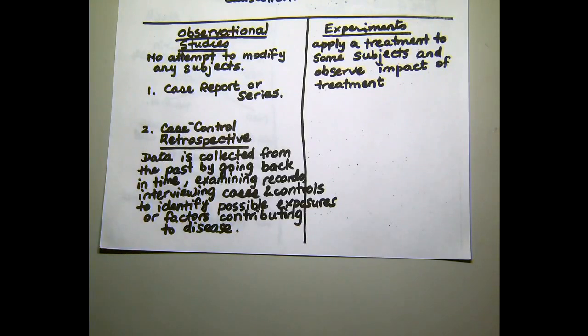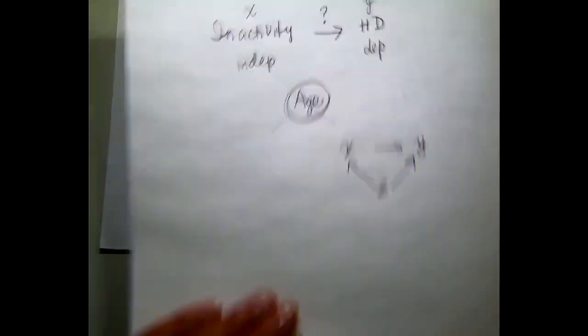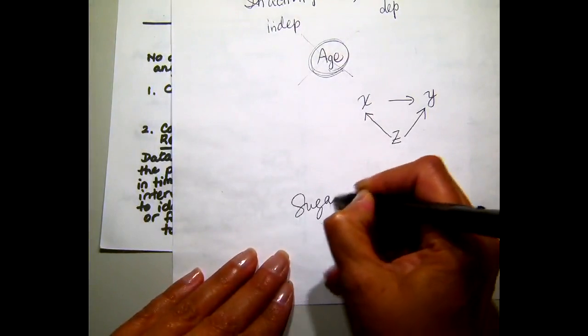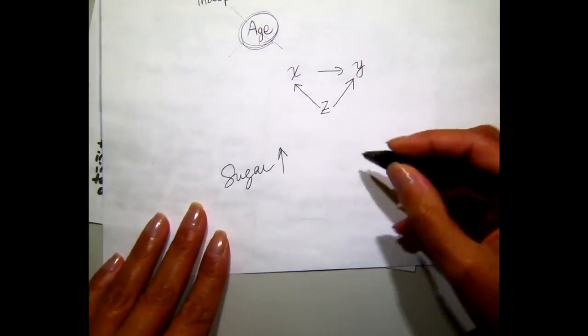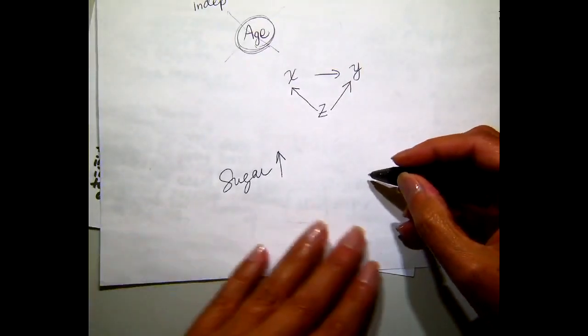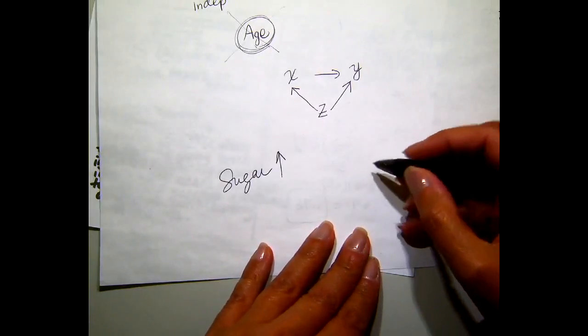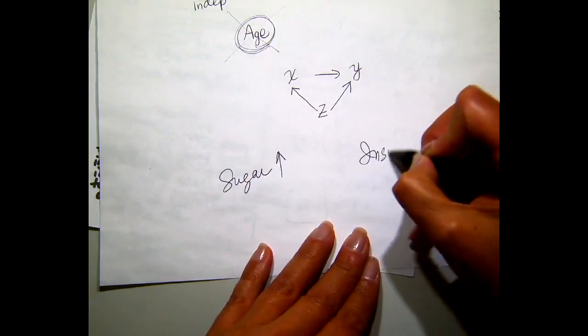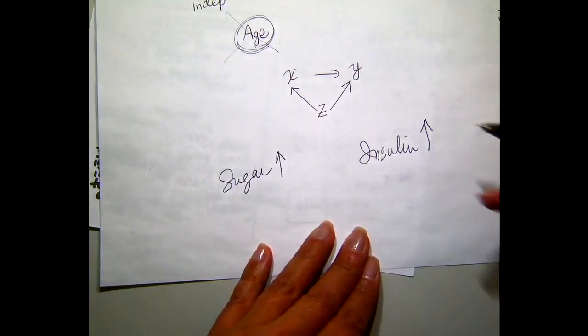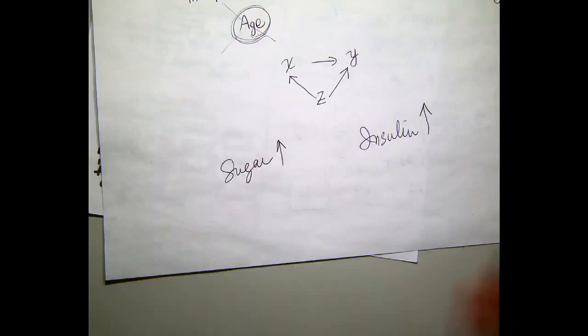You eat too much sugar. Can I write this? Okay, sugar consumption goes up. Insulin. Okay. And then, is there a confounder?